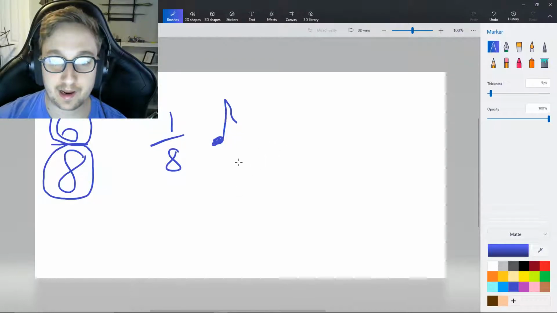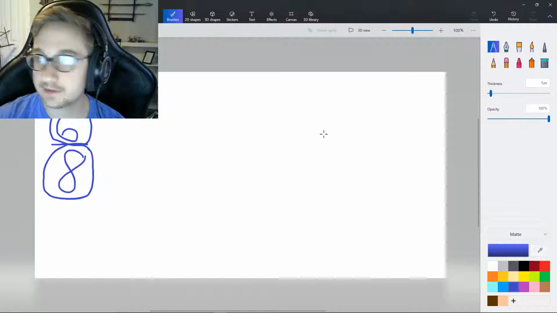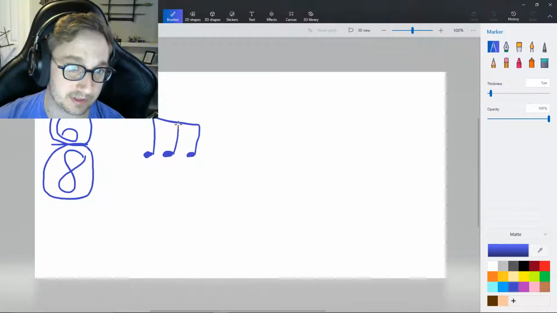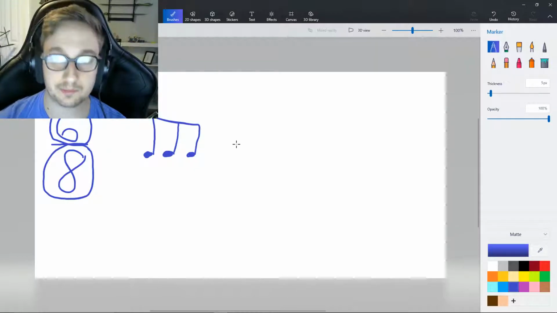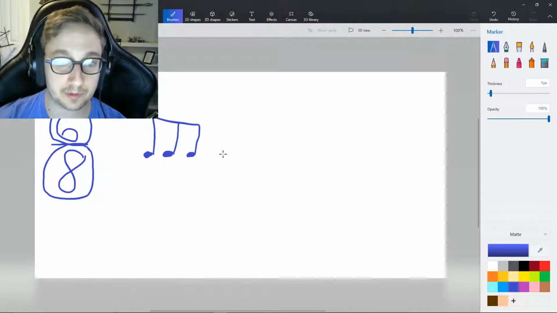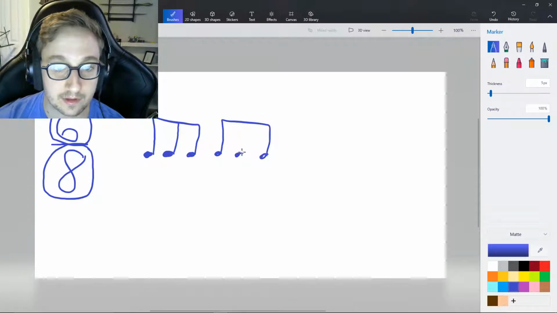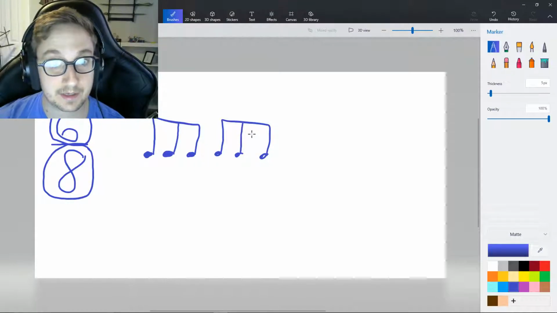So whenever we have 6/8 time, let me get rid of all this. Usually our 8th notes are grouped up into groups of 3, kind of like triplets. If you remember counting triplets, triplet, triplet, triplet. So here is going to be one measure of 6/8 time.